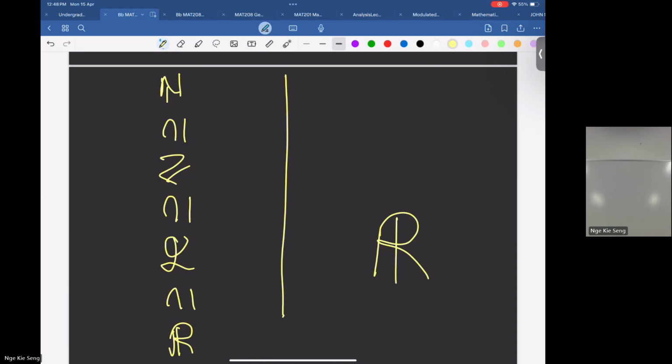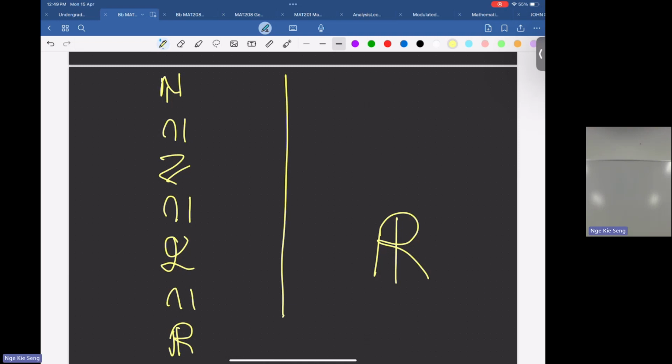Or we can simply start with the field axioms, order axiom, and completeness axiom. Build the reals. And then we see that the reals contain the natural numbers. Why? How do we find 0 and 1 here? Use the additive identity and multiplicative identity.